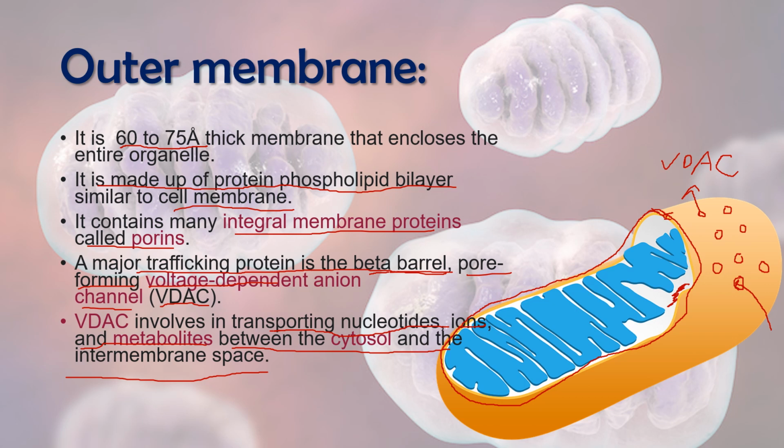If these porins allow all the ions and molecules to pass across, then the concentration of ions and molecules in this intermembrane space is almost similar to that of the cytosol, because these porins allow transporting all the small ions and metabolites across this outer membrane.